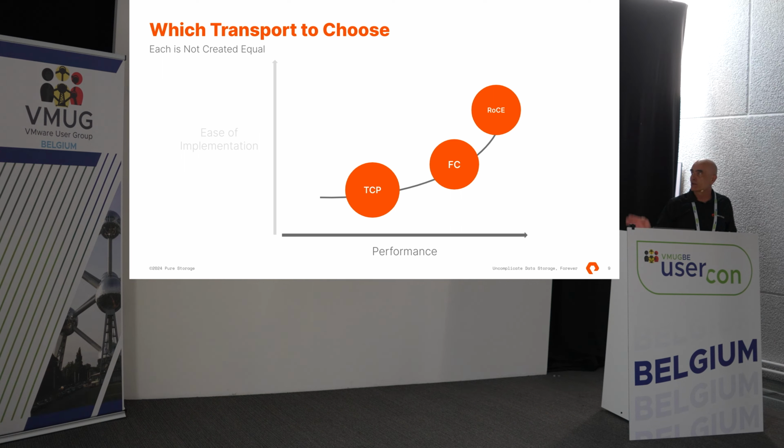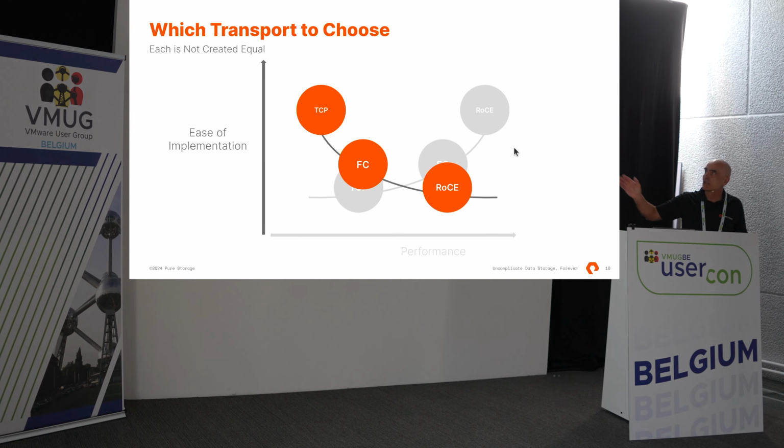The easiest way, of course, is to go for TCP, which doesn't entail any specific effort. You can start with 25 gigabit, or even 10 gigabit network cards for a test environment or a trial, and get NVMe over Fabrics implemented straight away.